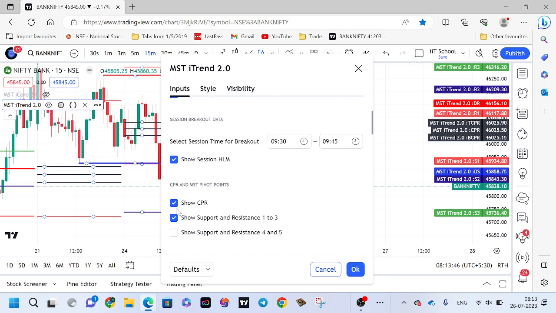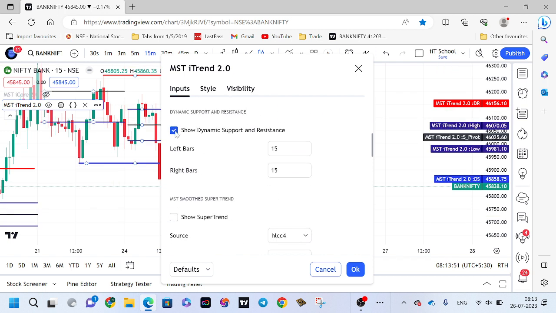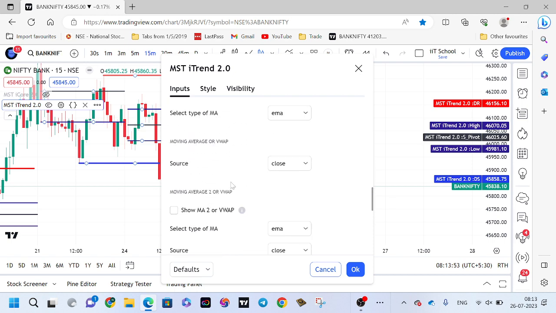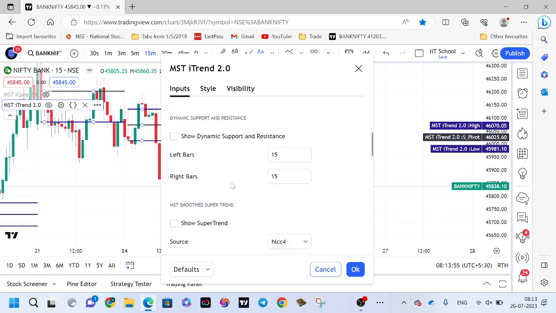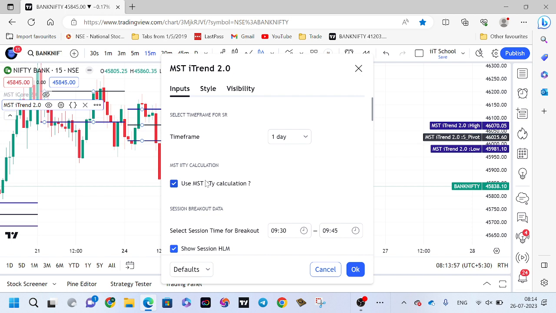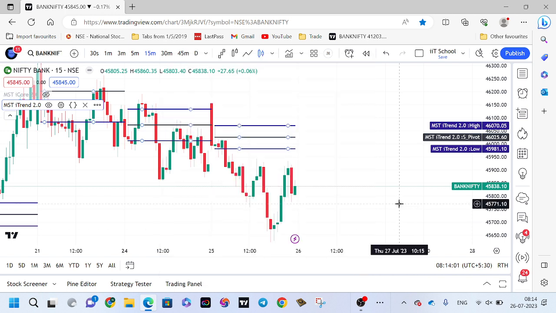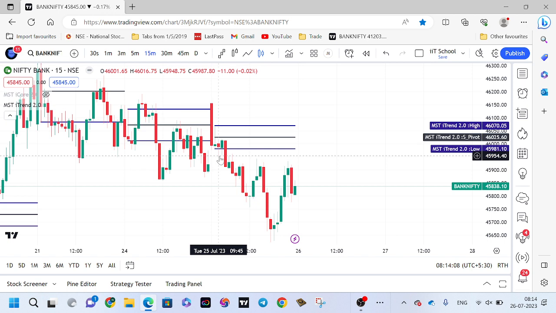Select this high, low and middle point, and remove everything. That's all.